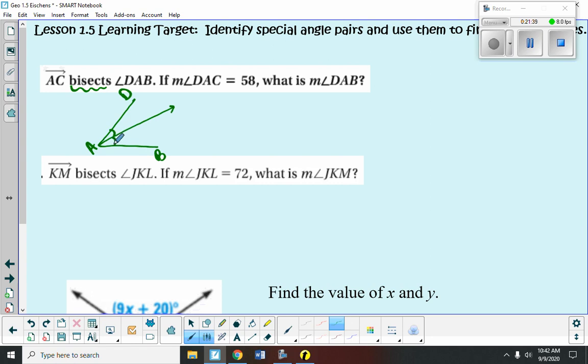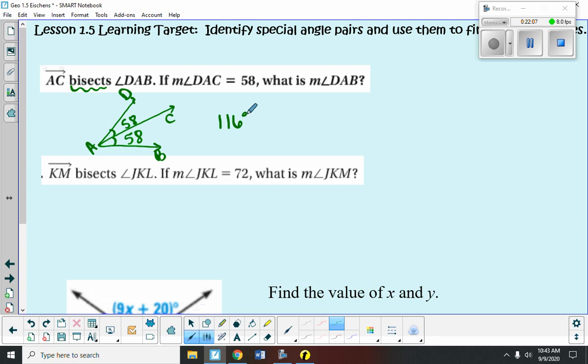So mark them that way on your figure. And then label. So angle DAC is 58. What is the measure of angle DAB? Well, DAB is the whole thing. So if this is 58, you know that this is 58, so you can fill that in. And the whole thing would be 58 plus 58, which is 116.